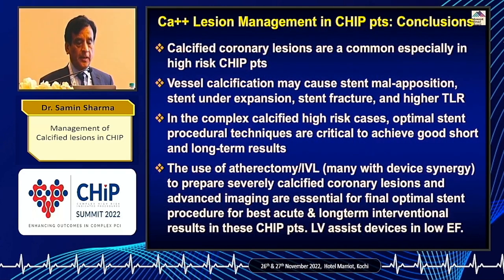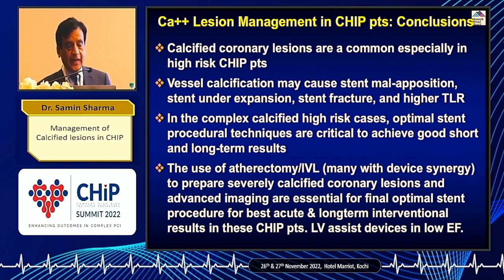So just to sum up, all these CHIP patients with a calcific lesion require planning. Pre-procedure planning, getting them ready. High creatinine, you need to hydrate them gingerly because EF may be low. So you have pre-planning for these cases. Of course, imaging may be needed, definitely for the post, and that is the key, that you need to have a good stent expansion.